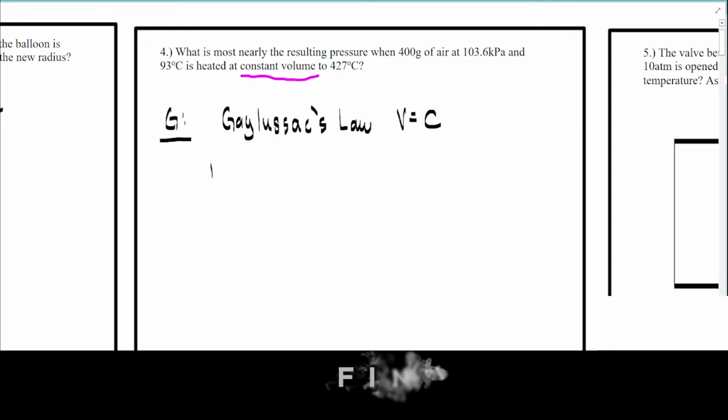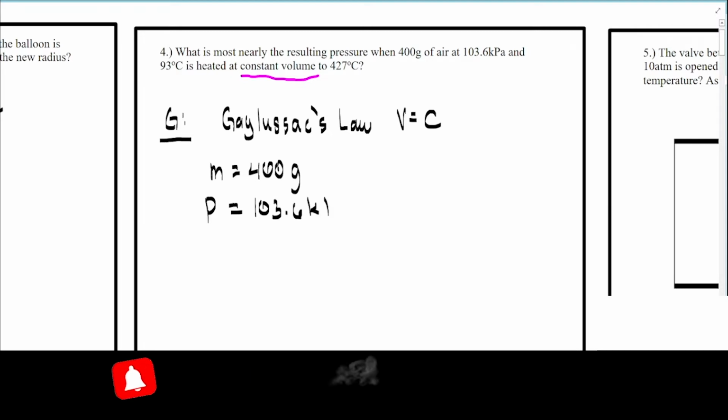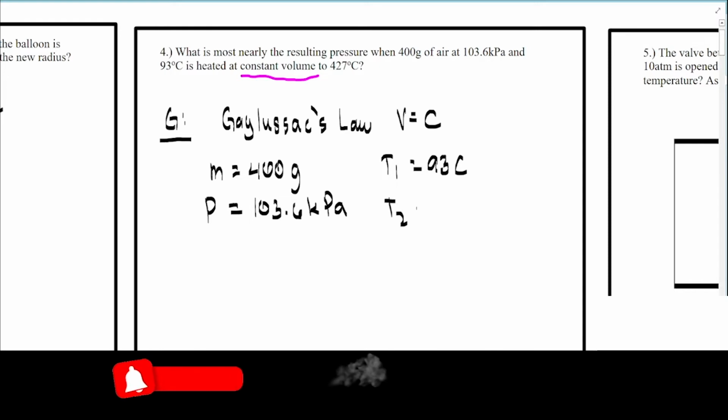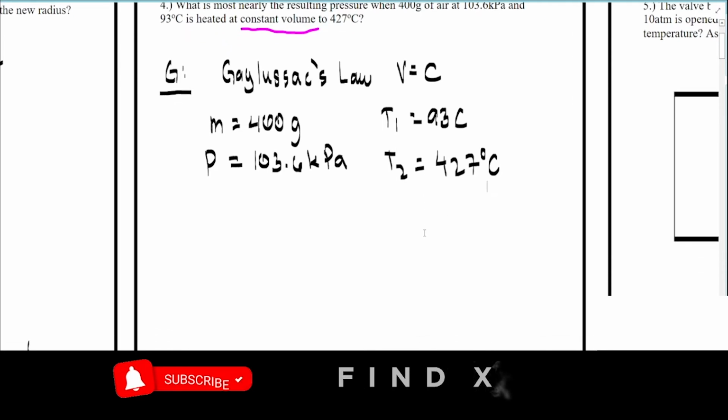Now, what are the givens? So we have a mass of 400 grams. Remember, this is air, and then we have a pressure of 103.6 kilopascal. What else? We have two temperatures. So we have T1 and T2, right? So T1 is 93 degrees and T2 is equal to 427 degrees. Okay, so we have two temperatures, T1 and T2.